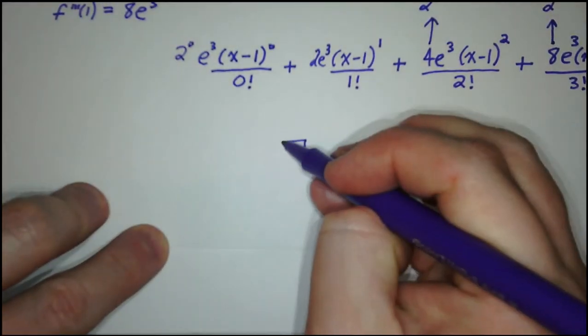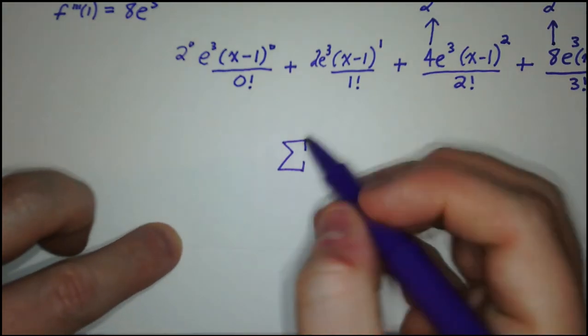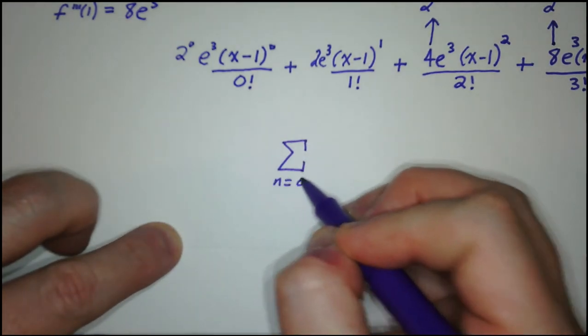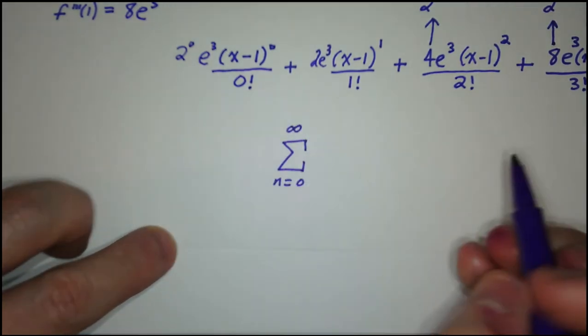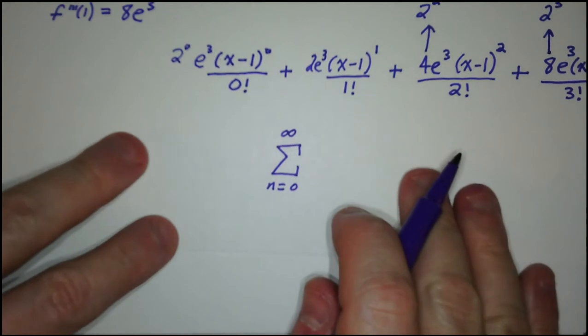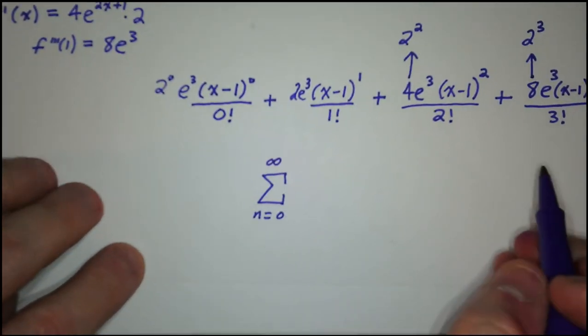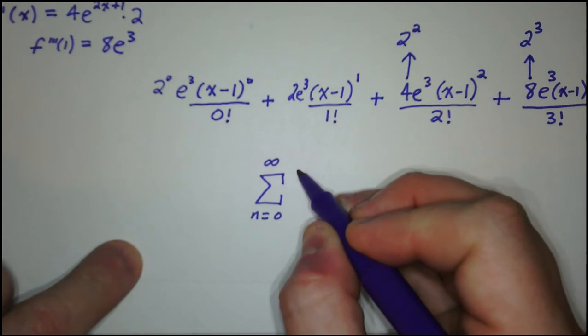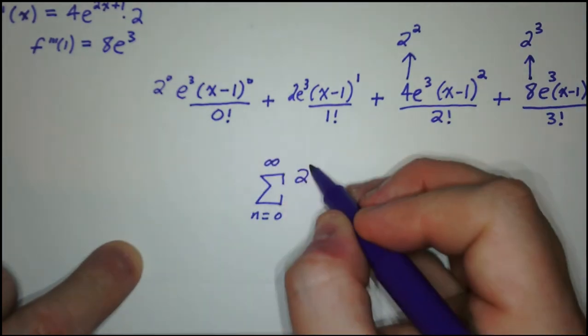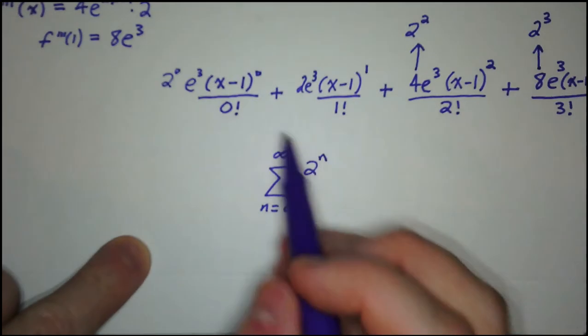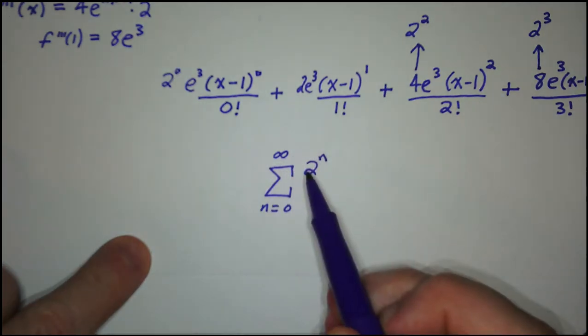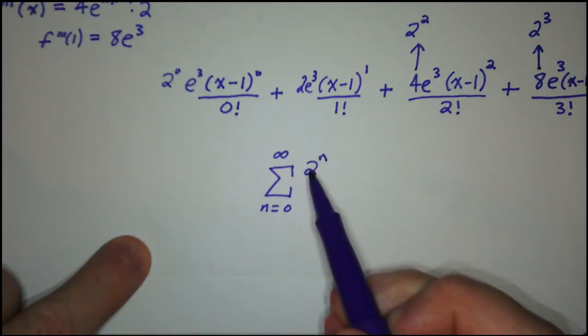And that, ladies and gentlemen, helps us create our final answer, our Taylor series. Because in every single one of these terms, aren't we going to have 2 to some power? So 2 to the n power, starting with 0. See, we're starting at 0, so 2 to the n makes sense.